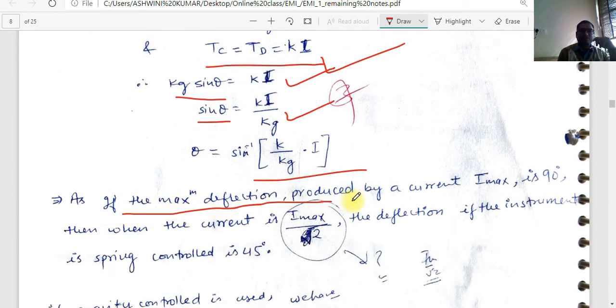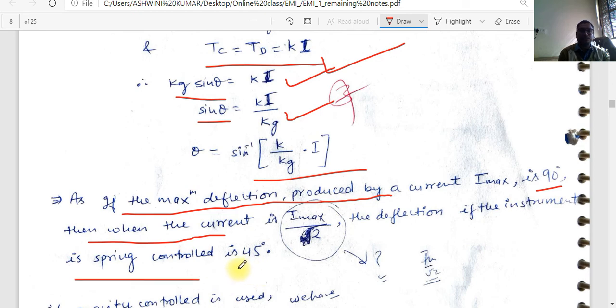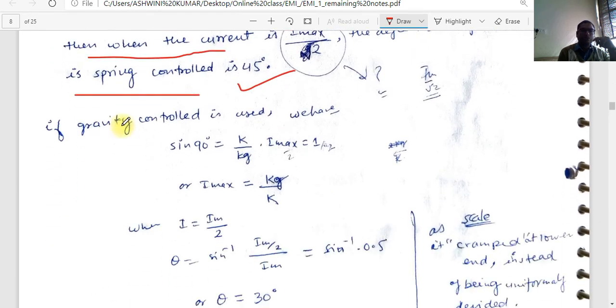If the maximum deflection produced by a current I max is 90 degrees, then when the current is I max by 2, the deflection if the instrument is spring controlled is 45 degrees. And if gravity control is used, we have sin 90 degrees is equal to K by Kg into I max, which is equal to 1.